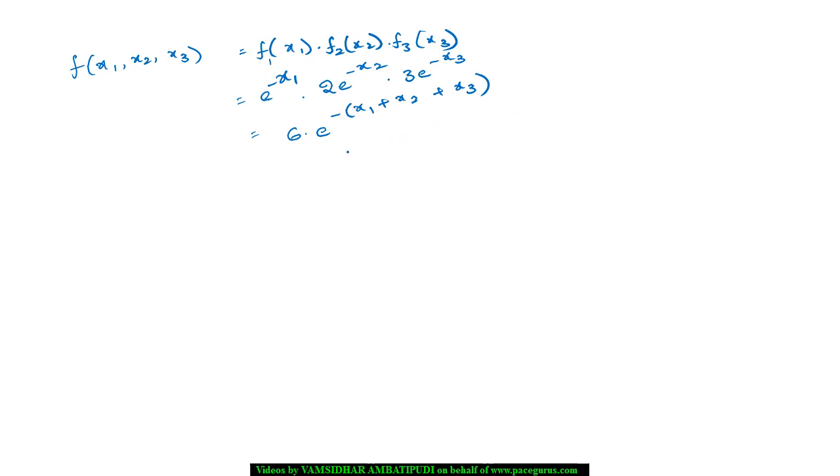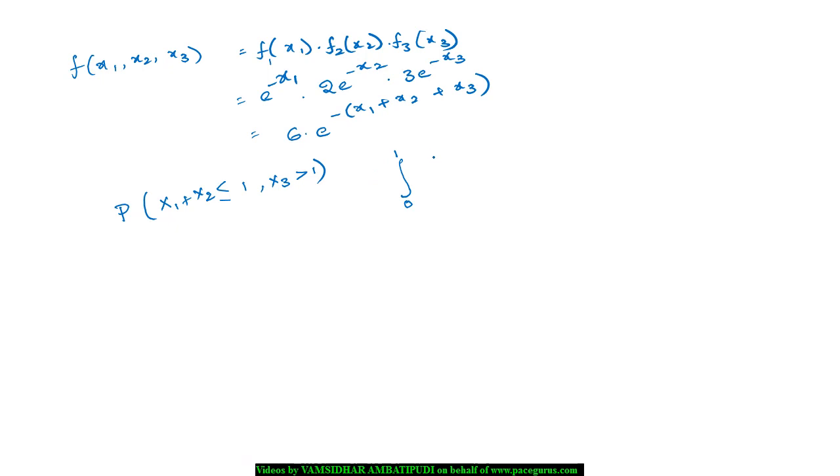So now I can take the probability of x1 plus x2 less than or equal to 1 and x3 greater than 1. How do I take it? Let me take first x1. x1 is lying between 0 and 1.